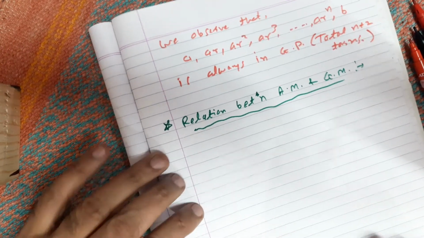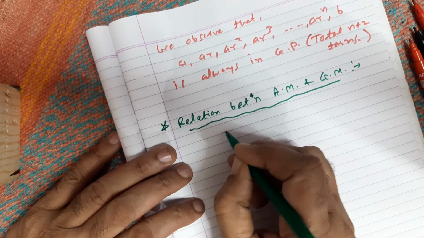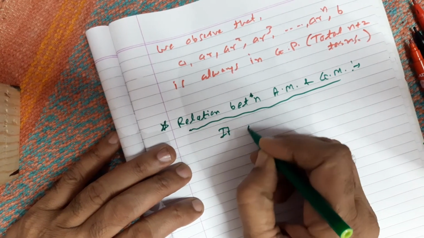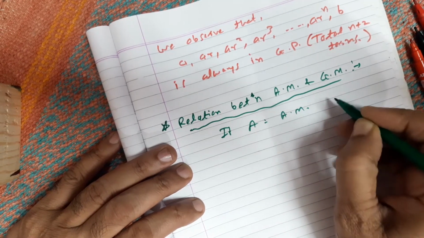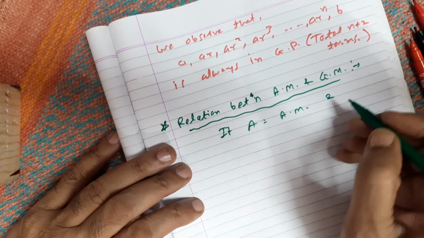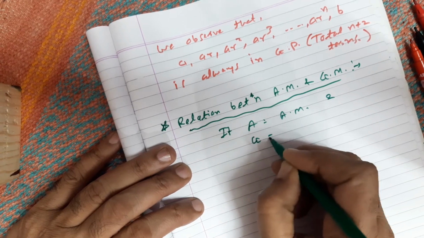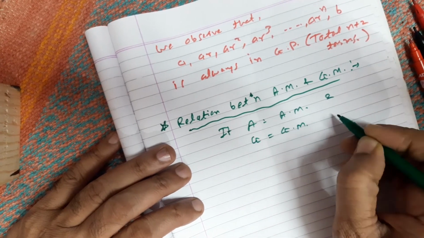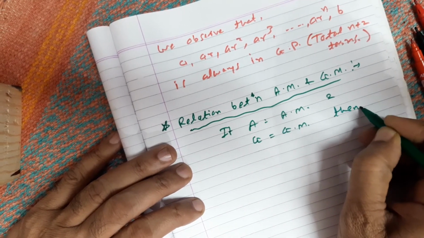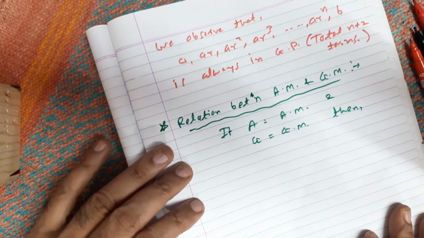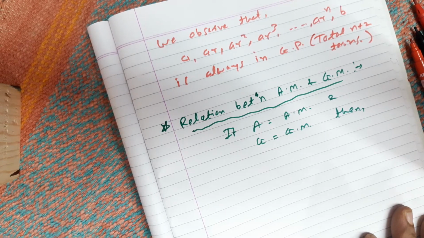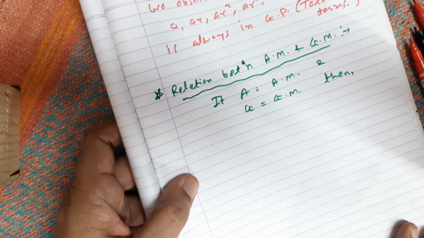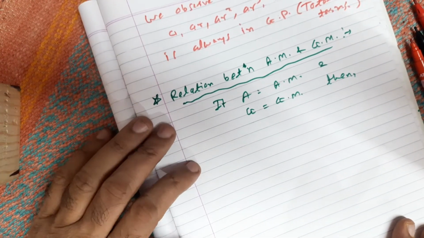But you just remember this: if A is the arithmetic mean and G is the geometric mean, then there is a relation given between them in the textbook. If you see page number 191, the steps are given, but we will not ask them in the exam.